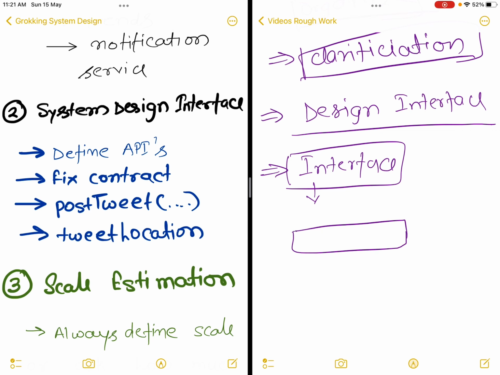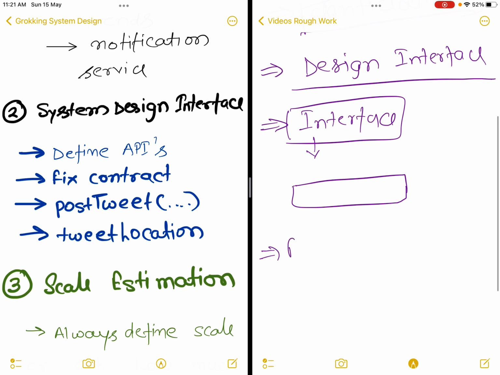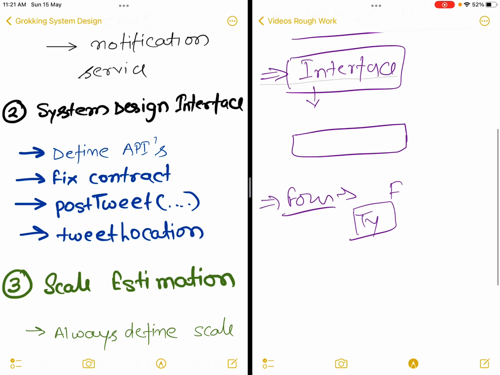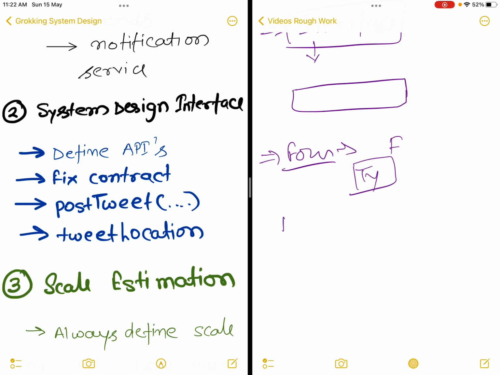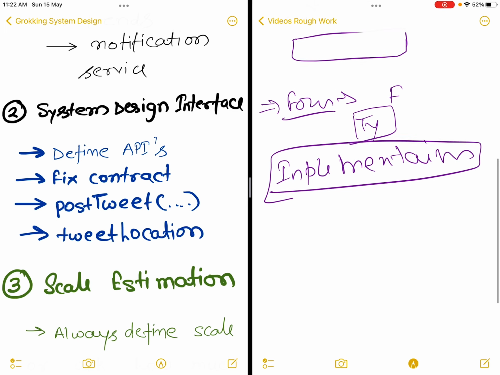Suppose you are trying to design a four-wheeler vehicle, then in your interface you will put how many gates it will have, how many wheels it will have, the type of wheel, sports vehicle, whether gates open straight or parallel, and all those things can be based on the implementation, but the basic things will be fixed. So that's what we mean by designing an interface.